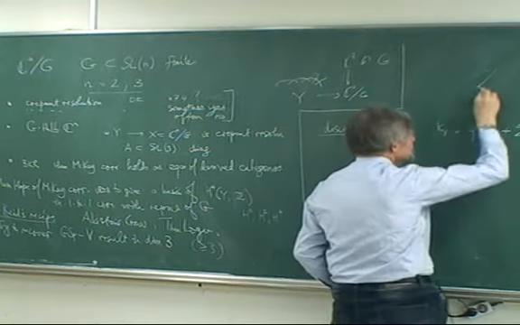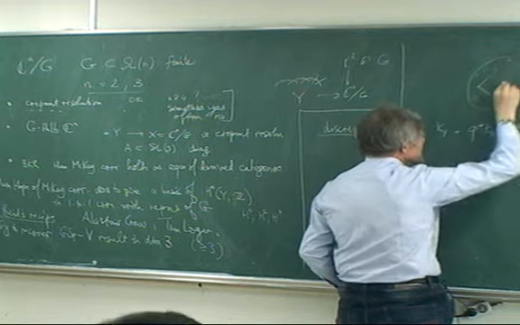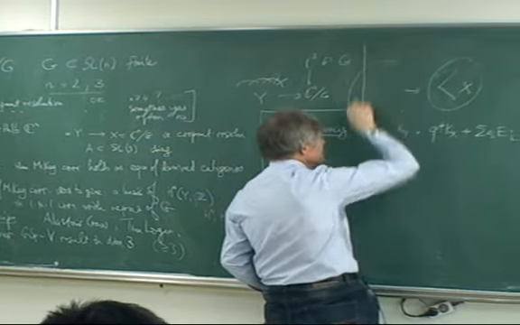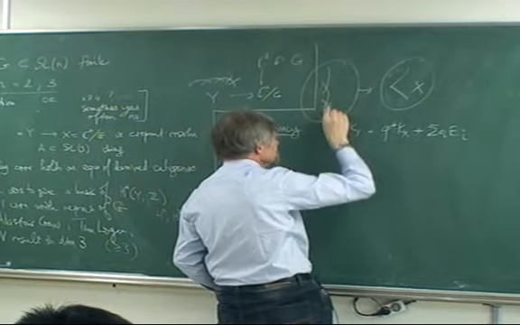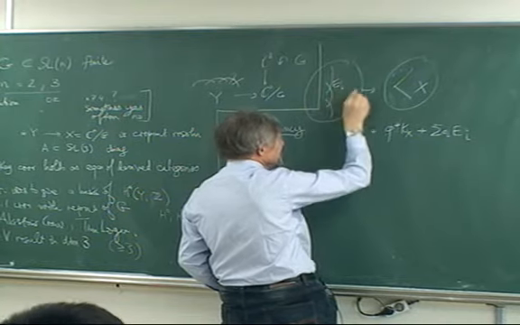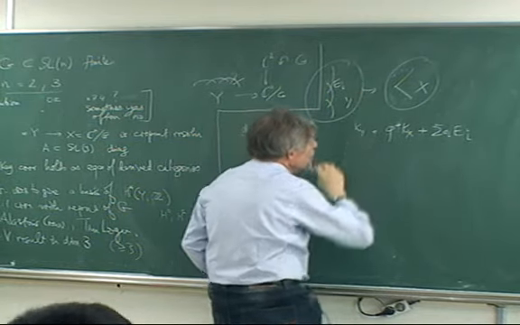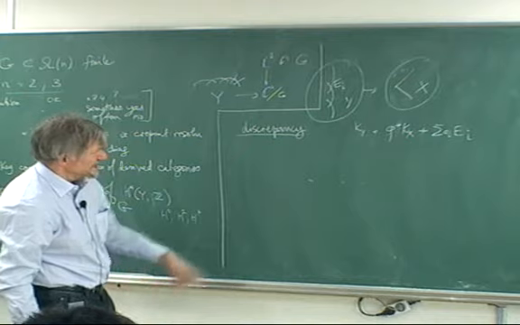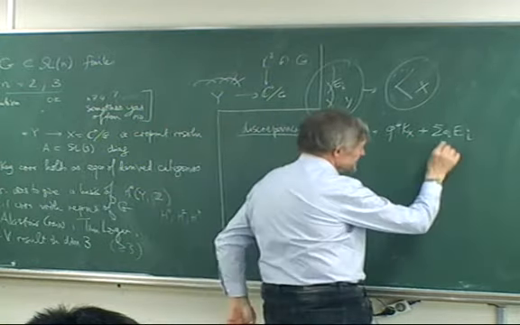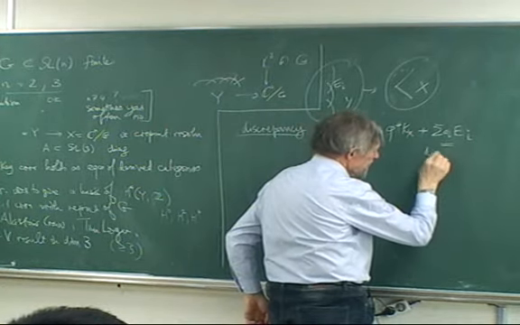I've got some singular variety X, and I'm resolving it by Y, introducing divisors E_i. These numbers here are called discrepancy coefficients.